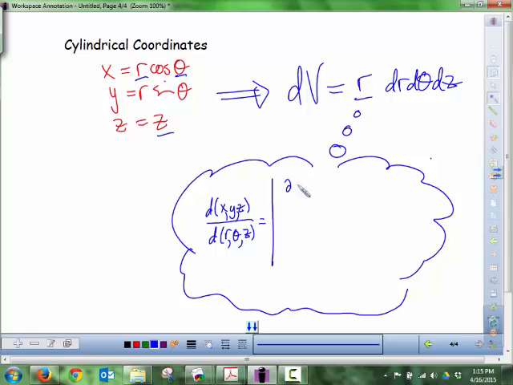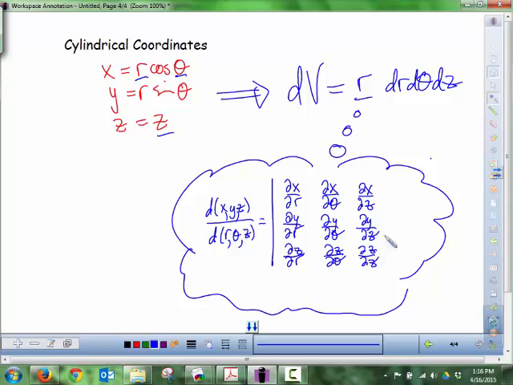We want the partial of x with respect to r, the partial of x with respect to theta, partial of x with respect to z, partial of y with respect to r, partial of y with respect to theta, partial of y with respect to z, partial of z with respect to r, partial of z with respect to theta, partial of z with respect to z, since z is the same thing as z.